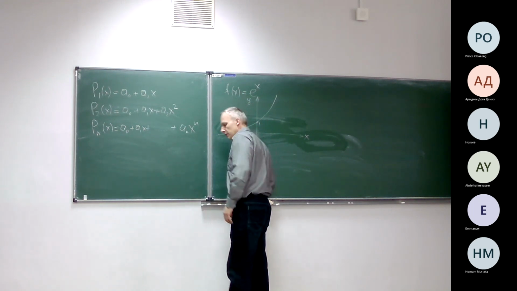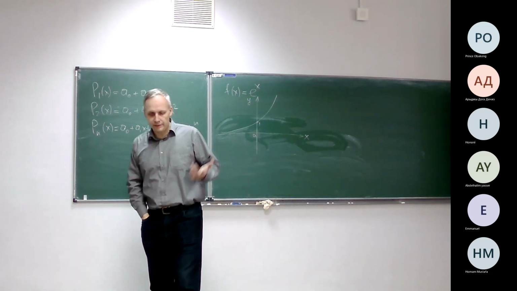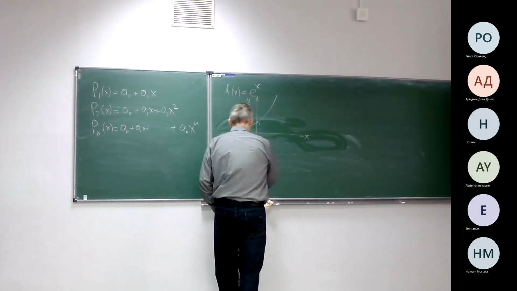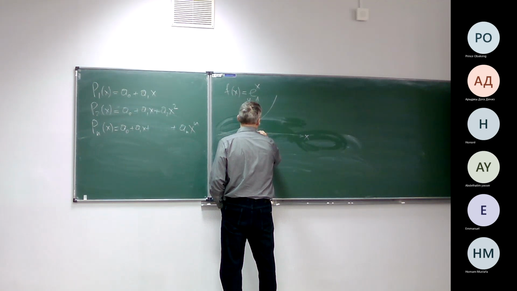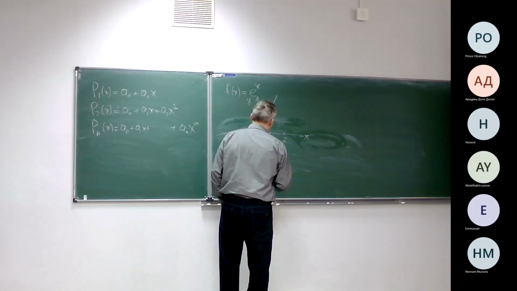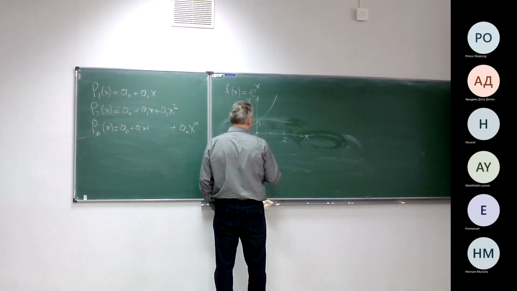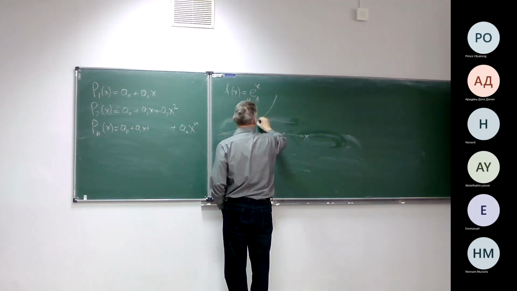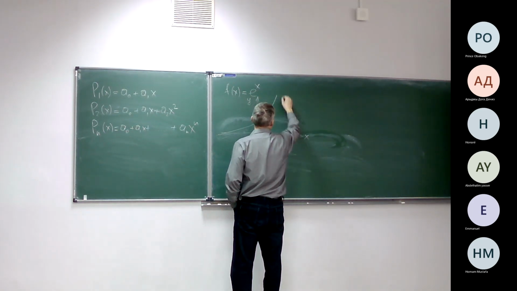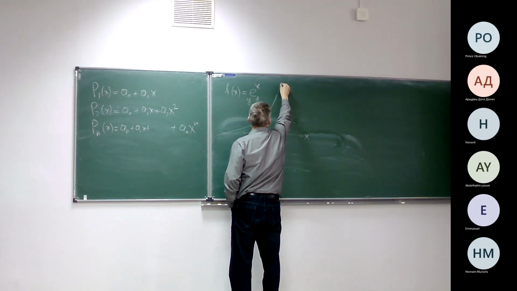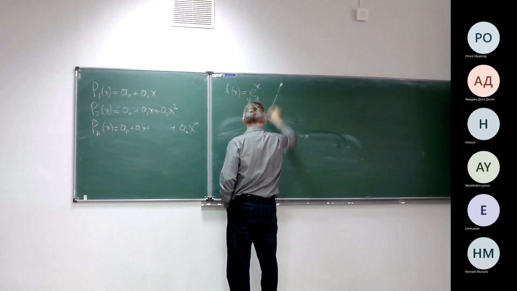It doesn't look like a polynomial, but if I select some interval, for example, from 0 to 2, on this interval I can find some particular polynomial that will be close to this function.